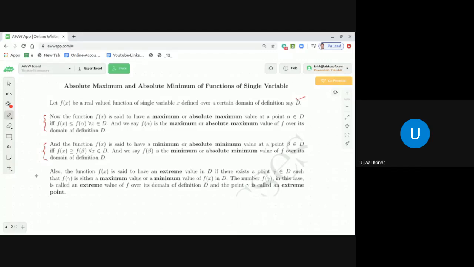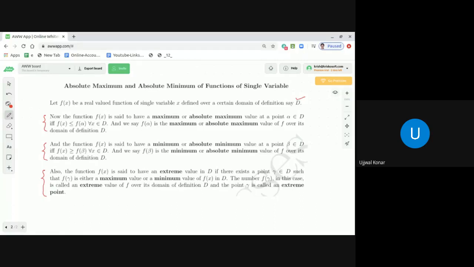The function f(x) is said to have an extreme value in D if there exists a point gamma belonging to D such that f(gamma) is either a maximum value or a minimum value of f(x) in D. The number f(gamma) in this case is called an extreme value of f over its domain of definition D, and the point gamma is called an extreme point. Correct, dear students? So this is what is called absolute maxima and absolute minima.